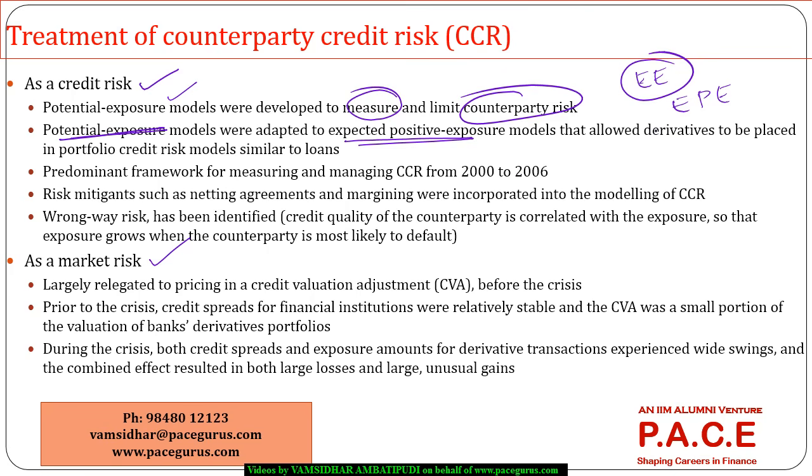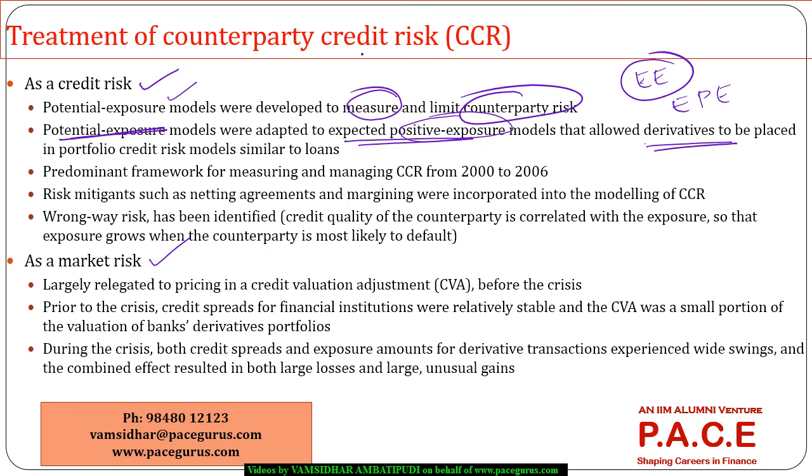So because of that reason, just like the way we are treating the loans, the counterparty credit risk with respect to the loan, we can also treat the same way the counterparty credit risk associated with the derivatives. Because we are only considering the positive values. The negative values do not exist out here, or we are making them zeros. So we can very well treat the loans and derivatives more or less in a similar manner.